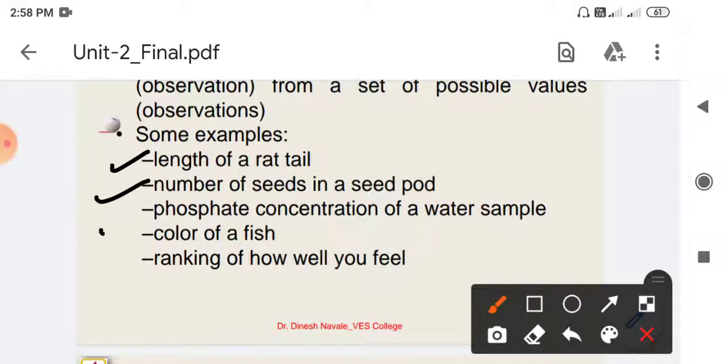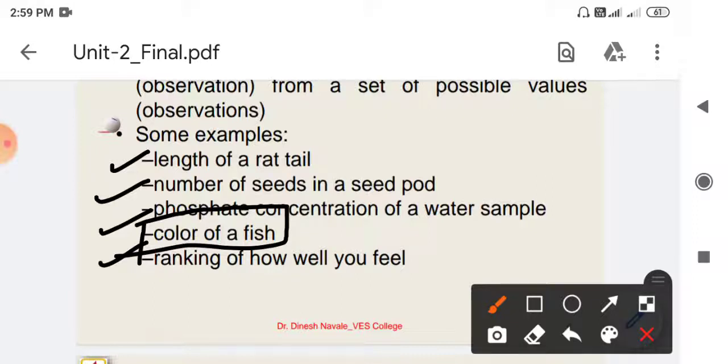For phosphate concentration we have to use the titration method. For the color of a fish, this again depends upon the person's eye. Each person might see color variations, so this is also one variable.